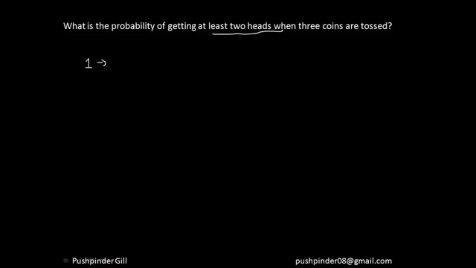That minimum 2 heads should be there. So now I have to list down the cases. At least 2 heads means I can either get 2 heads and 1 tail, or I can get all 3 heads, right? These are the only cases.